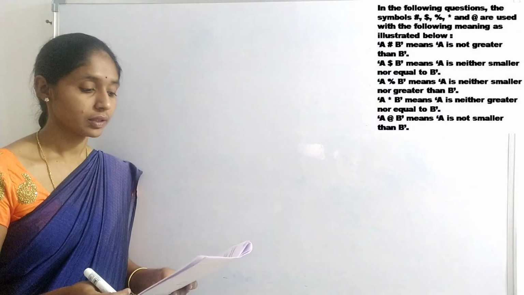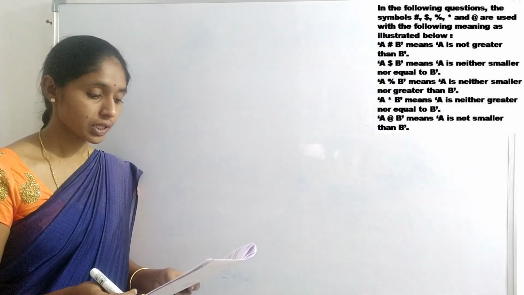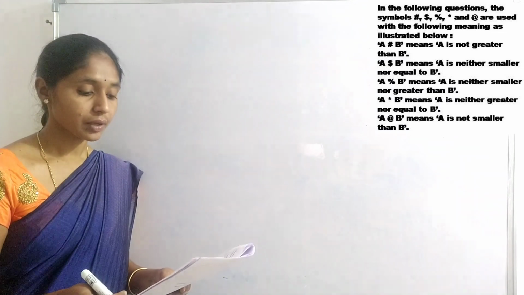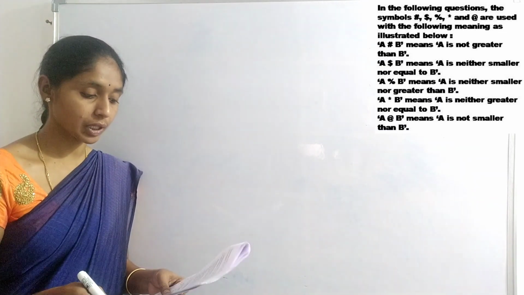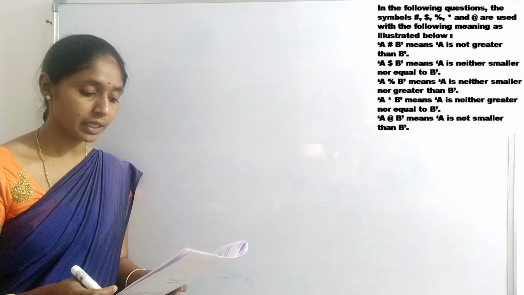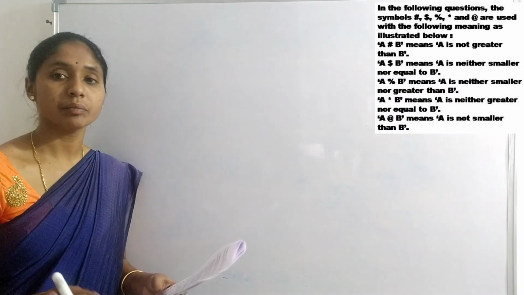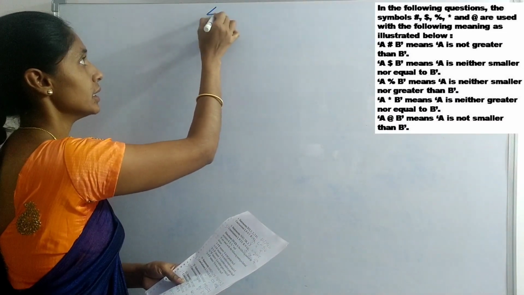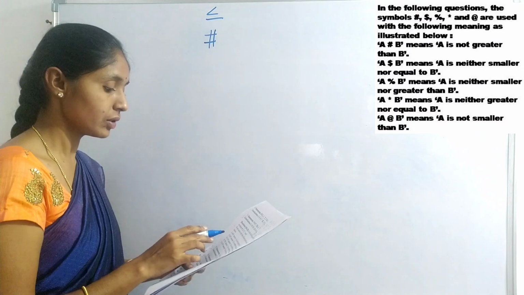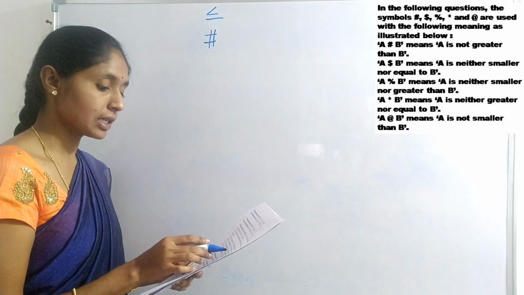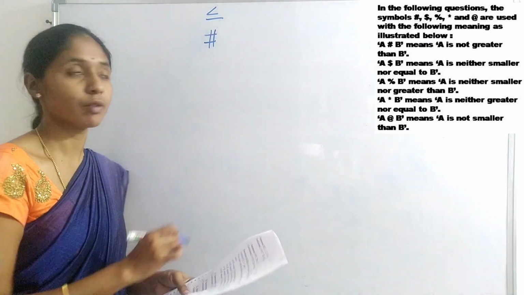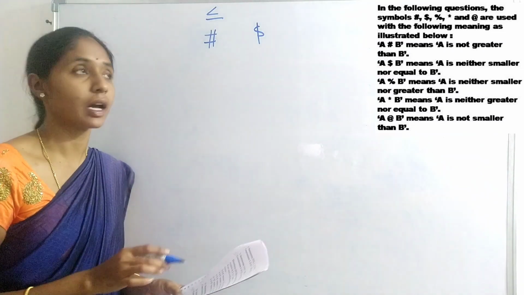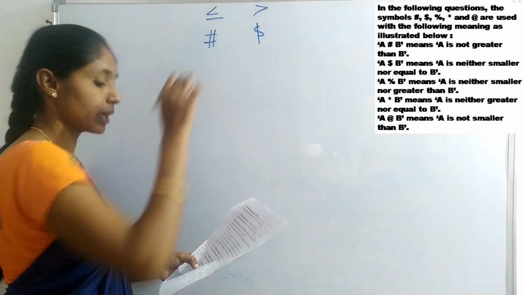Next question. In the following questions, the symbols hash, dollar, percentile, star and at are used with the following meaning as illustrated below. A hash B means A is not greater than B, that is less than or equals to. A dollar B means A is neither smaller nor equals to B, that is greater than.